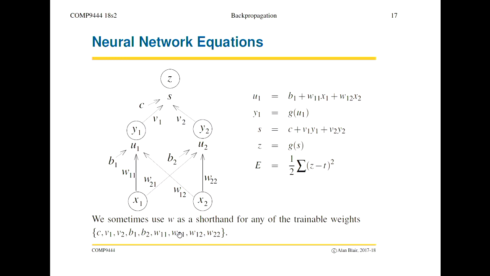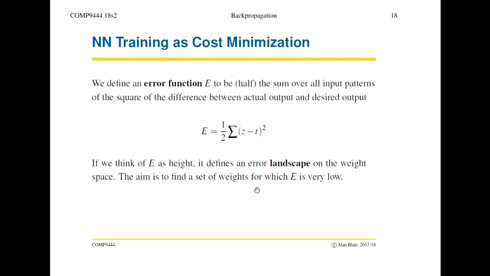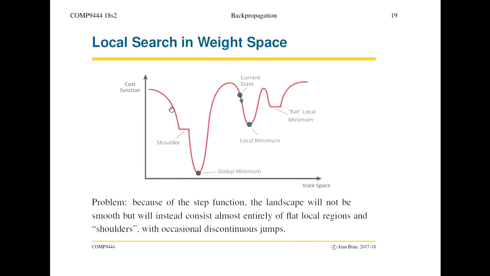So now, as I change these weights, that z will change smoothly, because this function here is smooth. z will be a smooth function of the weights. That changes my landscape into something smooth. Instead of getting something that looks like a blocky thing, I get something that looks smooth.